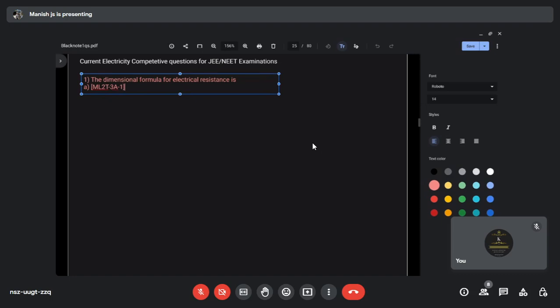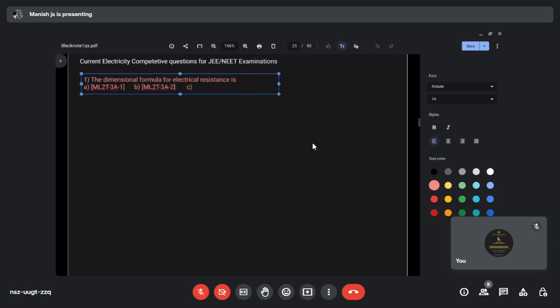Okay, L square. So in numbers one, signs it is basically a superscript, not a subscript. It is a superscript, which means raised to the power. This is option A, and option B is M L square T to the power minus 3 and A to the power minus 2. So this is B.